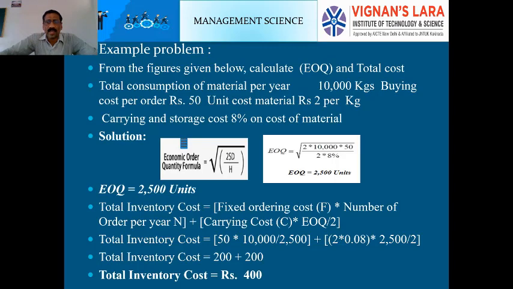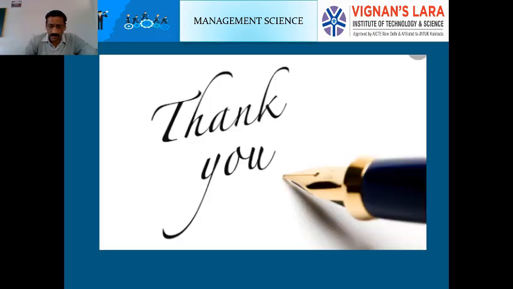With respect to 10,000 kg requirement, it can also be applied here: 10,000 by 2,500 will give 4 orders per year. Finally, 10,000 by 2,500, you will make 4 orders yearly. Thank you.